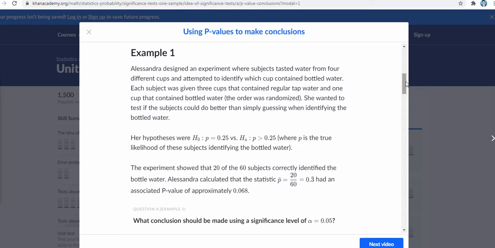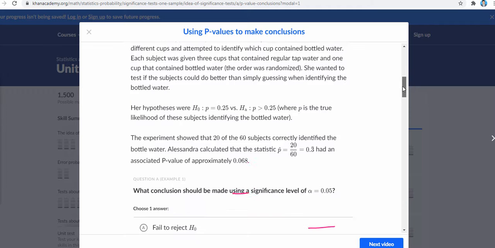Now what conclusion should be made using a significance level of 0.05? As you can see, the p-value that she got is greater than the significance level. So if our p-value is greater than the significance level, then we cannot reject the null hypothesis. So for this one, we will say that we cannot reject the null hypothesis.